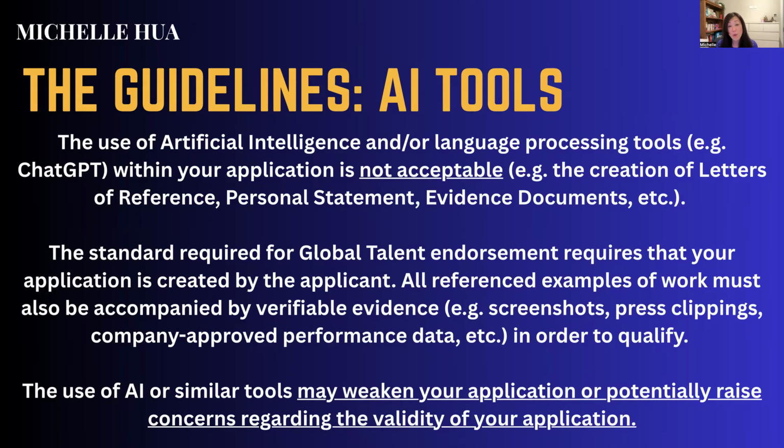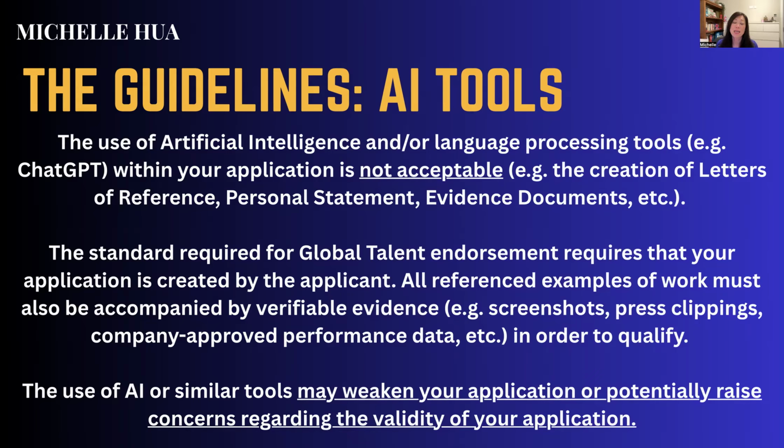The standard required, the guideline states, is that the global talent endorsement requires that your application is created by you, the applicant. All referenced examples of work must also be accompanied by verifiable evidence like screenshots, press clippings, company approved performance data in order to qualify. The use of AI or similar tools may weaken your application or potentially raise concerns regarding the validity of your application.